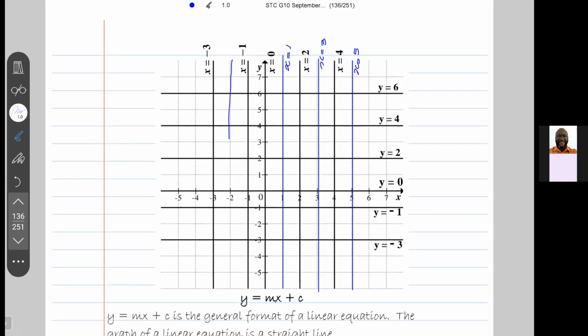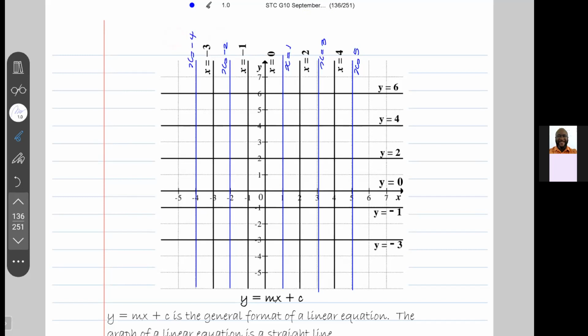The vertical line through -2 on the x-axis is the line x is equal to -2. This vertical line here, guys, passing through -4 on the x-axis, is the line x is equal to -4.